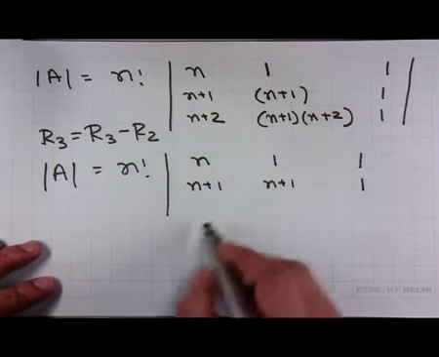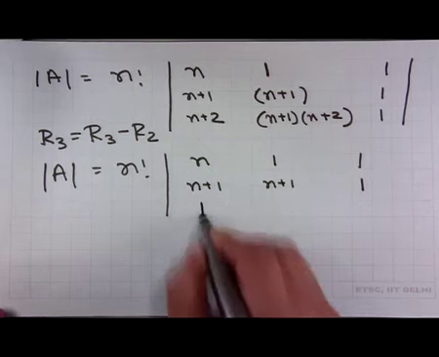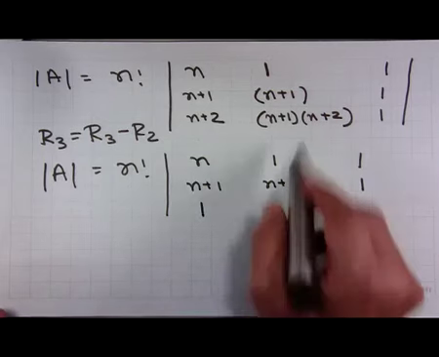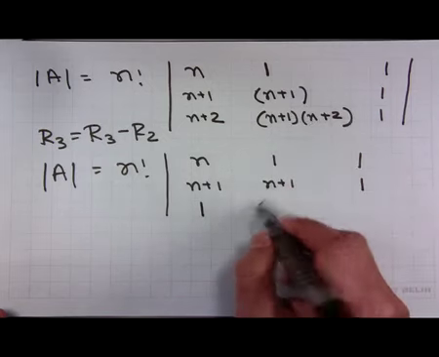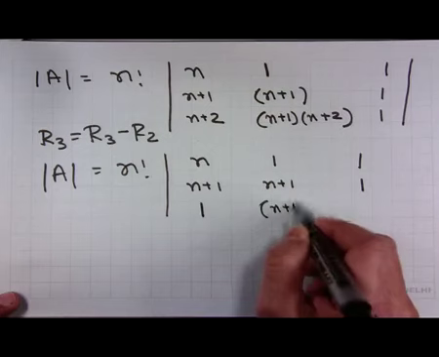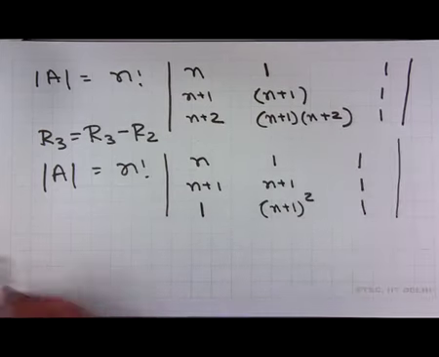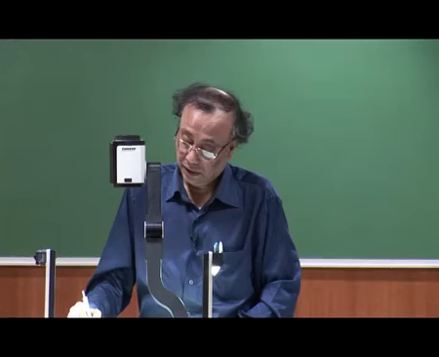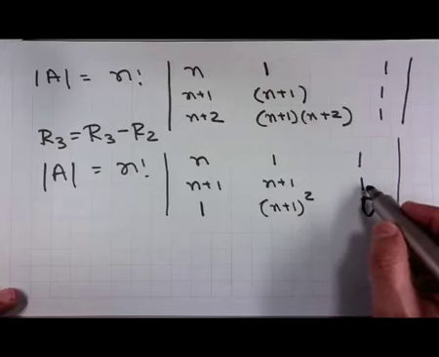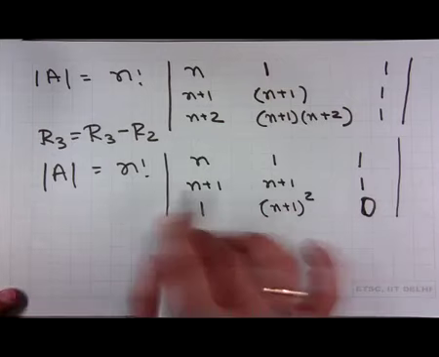Now, as I am subtracting second row from the third row, I get 1, I get n plus 1 into n plus 2 minus 1, that is n plus 1 whole square, into 1. Now, we simplify it further. As I subtract 1 from 1, we get 0.